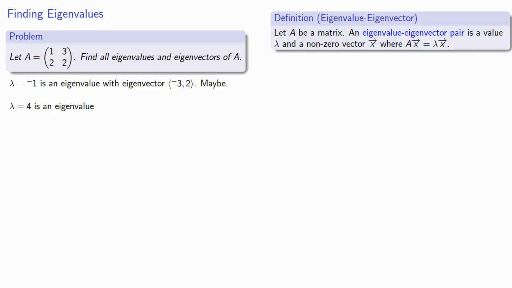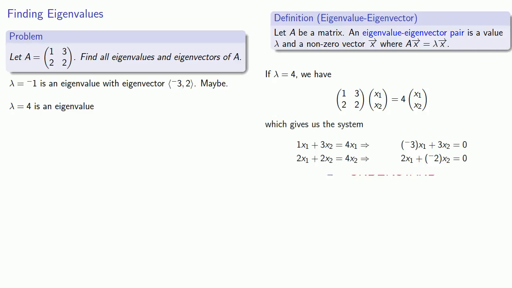What about our eigenvalue lambda equals 4? So again, for lambda equals 4, we'll want our matrix A applied to whatever the eigenvector is to be 4 times the eigenvector. So that gives us the system of equations negative 3x1 plus 3x2 equals 0, and 2x1 plus negative 2x2 equals 0.